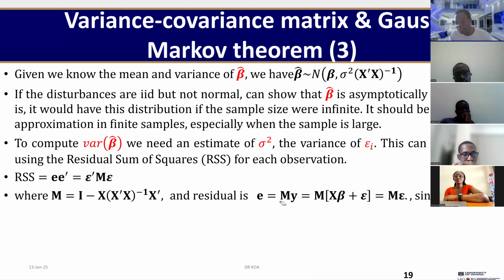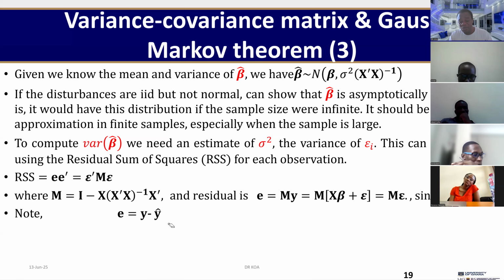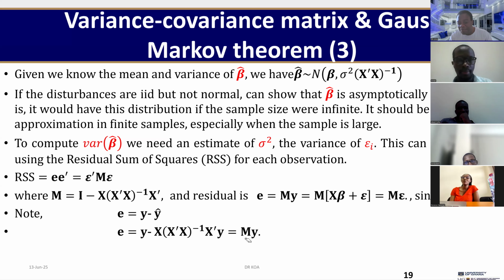Remember, this is a matrix, but it is Mx beta plus that. And so because Mx is 0, whatever is here will be left. So if this one is 0, we are just left with the M epsilon here. And that is what this one actually is. We can see that y minus the y cap, substituting the y cap, can give you this matrix.